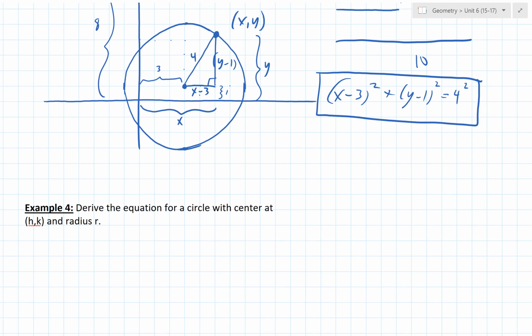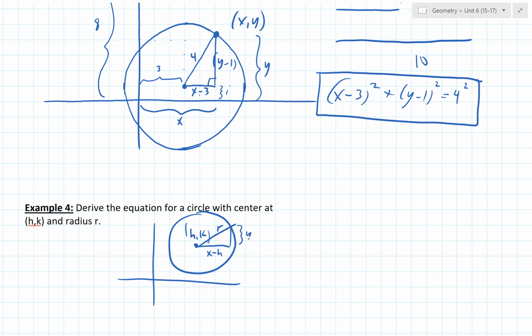And then we can generalize that. For example, if we have the same kind of situation, but our center is at (h, k), and we draw a circle with a radius r, we could do the same thing. The horizontal distance would be x minus h, just like this one had a horizontal distance of x minus 3.